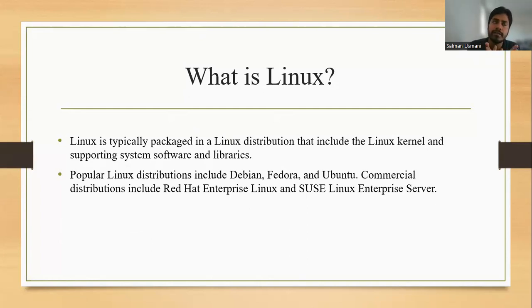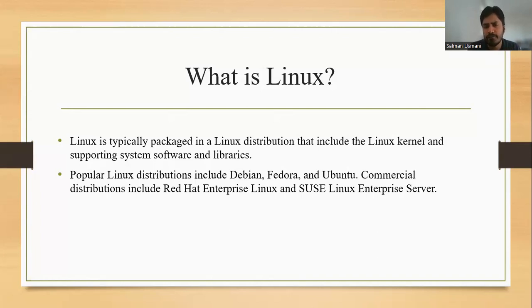To put it in easier words, when you install Windows, Windows has its own kernel, and then you get some supporting software and libraries like MS Office and Microsoft Edge, your Internet Explorer. These are the basic and supporting software you get with an operating system.